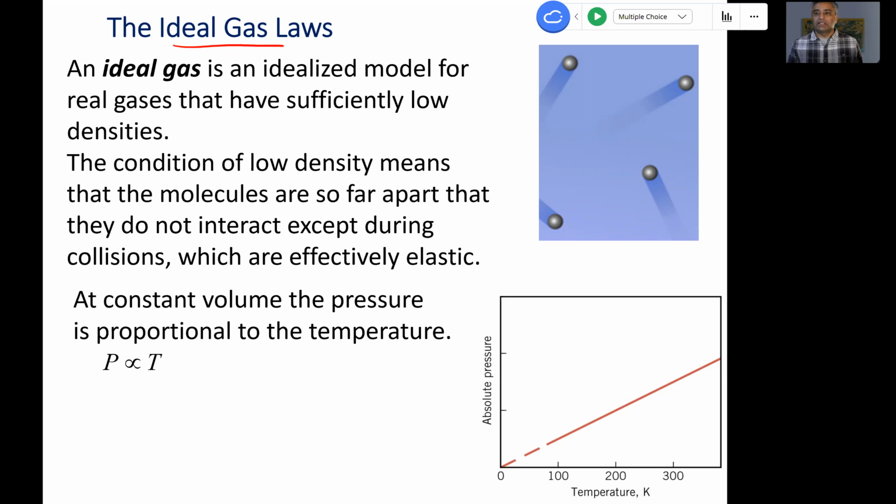If you double the temperature, pressure doubles. If you triple the temperature, pressure triples. But when we say temperature doubles, keep in mind, we are talking about temperature in Kelvin, not in Fahrenheit, not in Celsius.